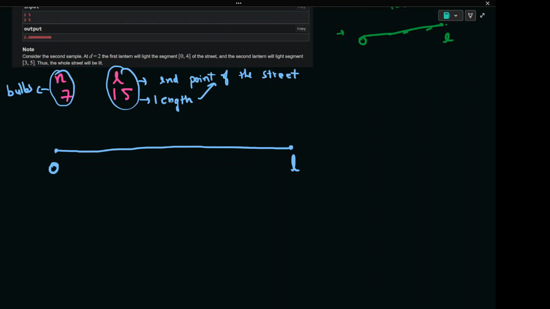If the length of the street is 15, where will it end, guys? What is this value here? It is 15, right? It ends at the 15th point.